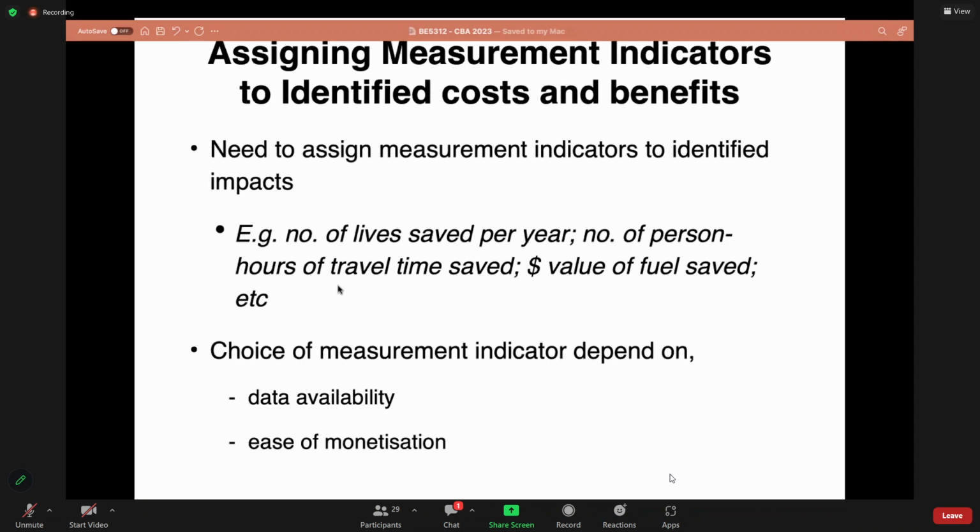Say, number of hours of travel time saved, so you'll have to predict. Say, dollar value of fuel saved, again you have to predict. So how many cars will use the road, what's the fuel usage per each vehicle. Likewise we have to forecast.